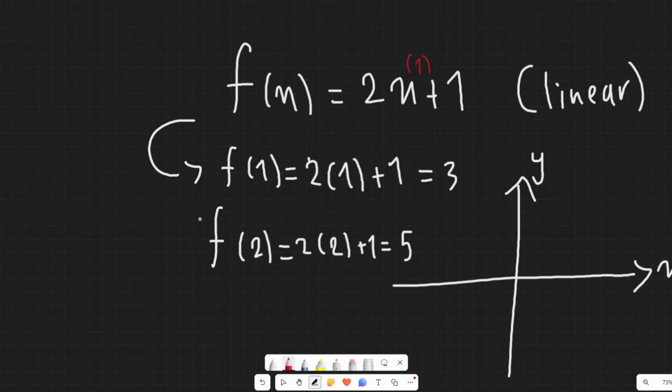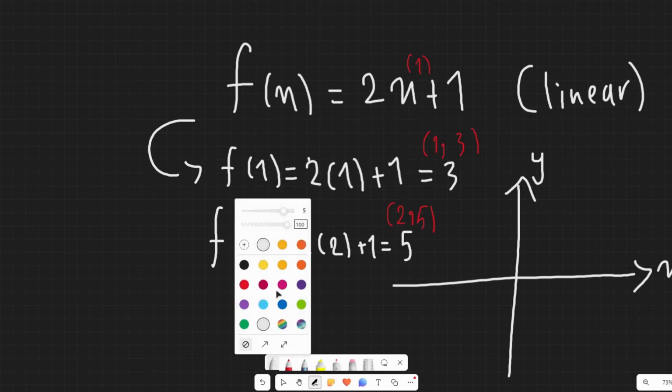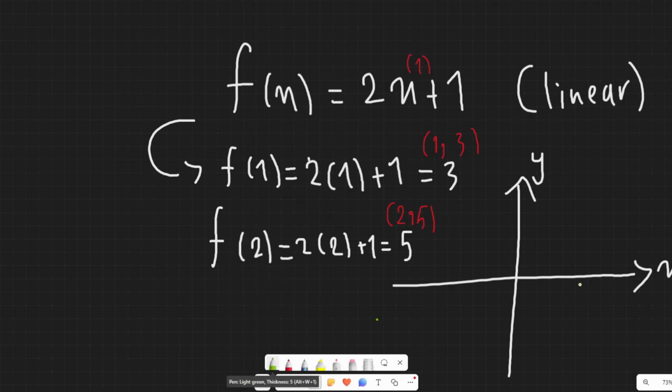Alright, so for the first one, if x is 1, y is 3. For the second one, if x is 2, y is 5. Let me use a different color, maybe this one. Now we find these points. Let's call this A, call this B. So if x is 1, y is 3.